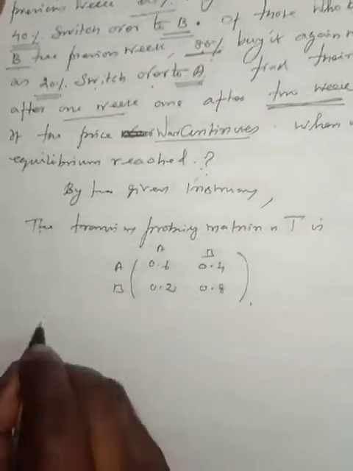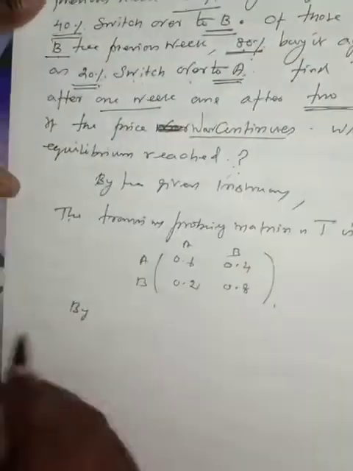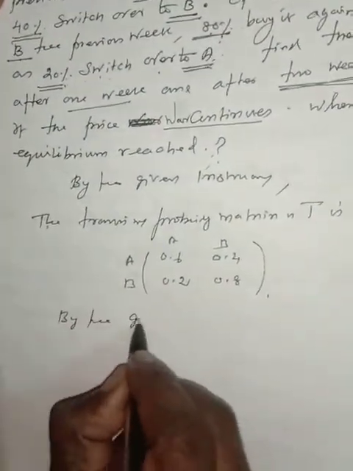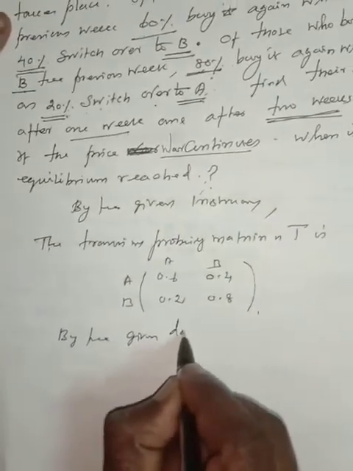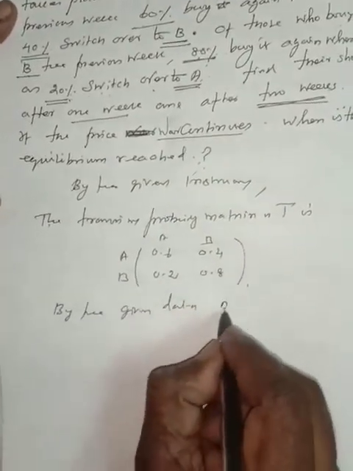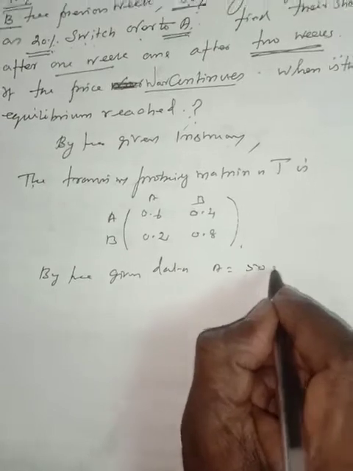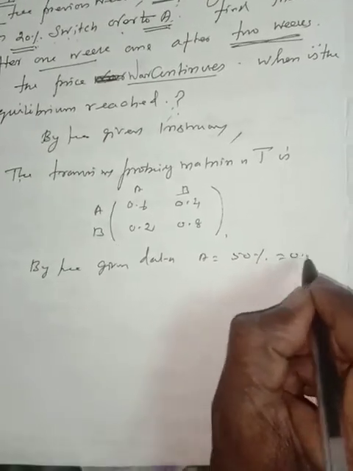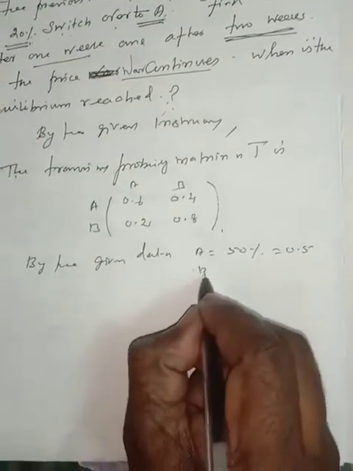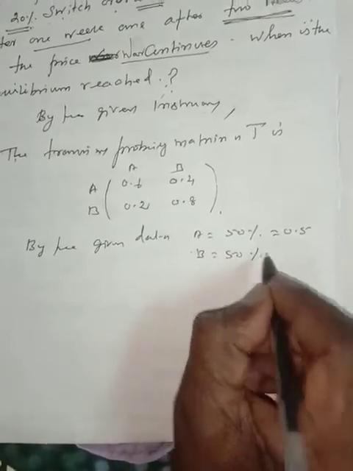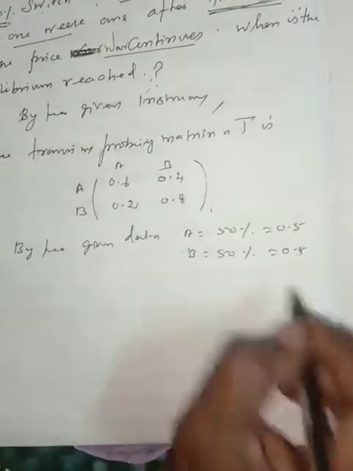By the given data, A is equal to 50%, which is 0.5. B is equal to 50%, so 0.5. It is equilibrium.